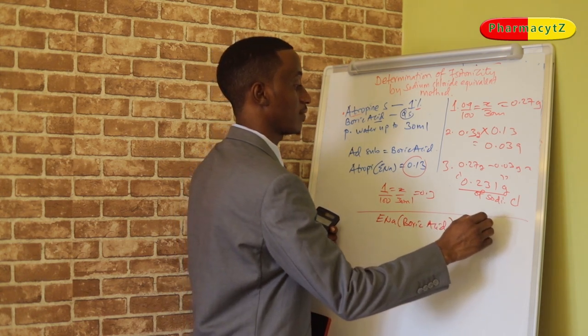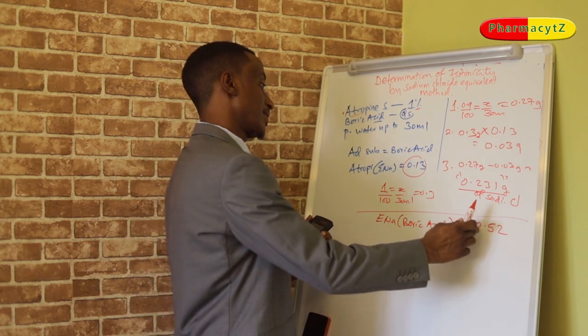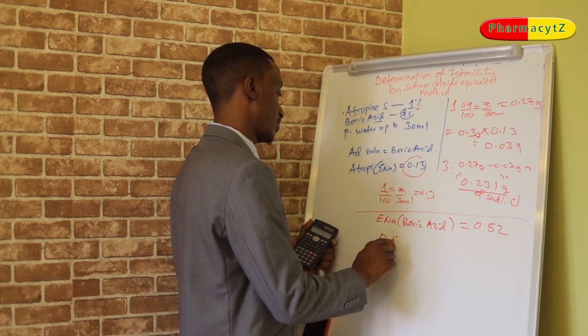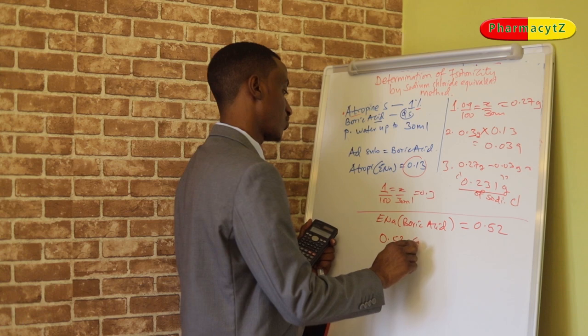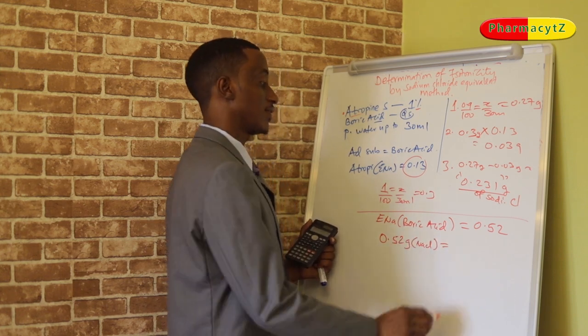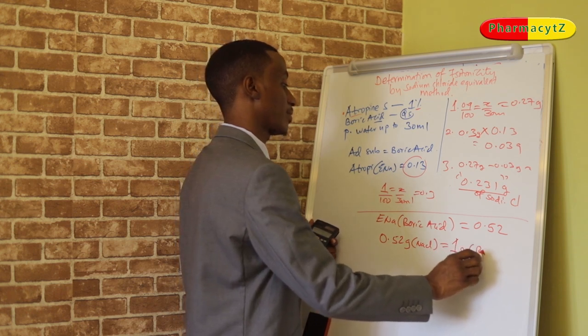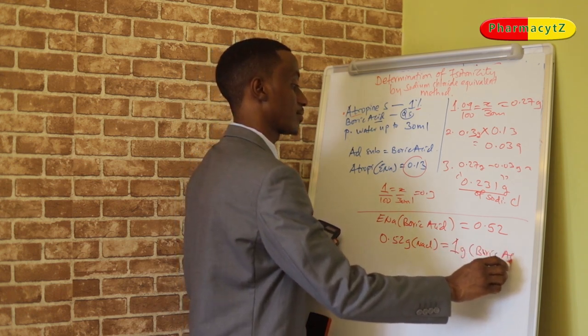is 0.52, meaning that 0.52 grams of sodium chloride can produce the same osmotic effect as 1 gram of boric acid.